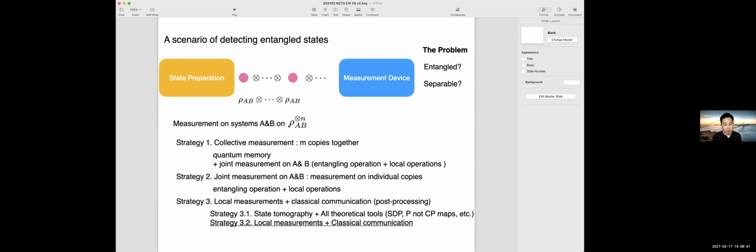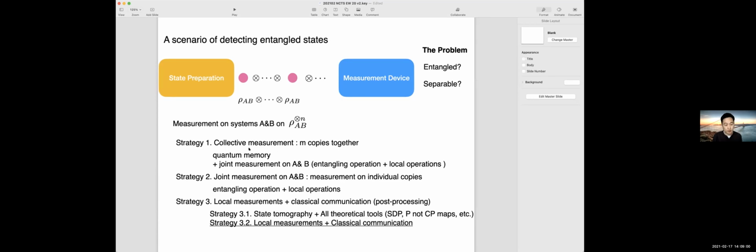Then the question of whether the state is entangled or separable highly depends on our technology. The first scenario, strategy number one, is that maybe we can assume that we have the power to apply collective measurement.